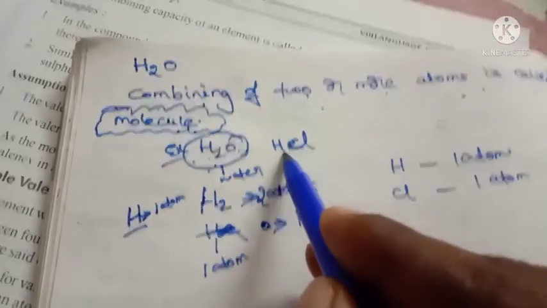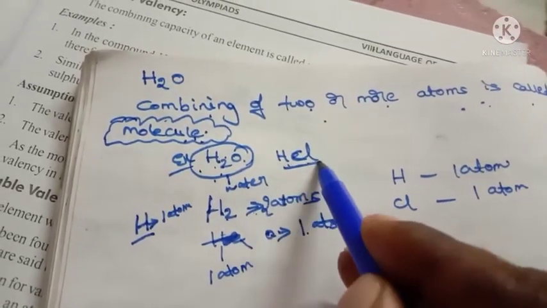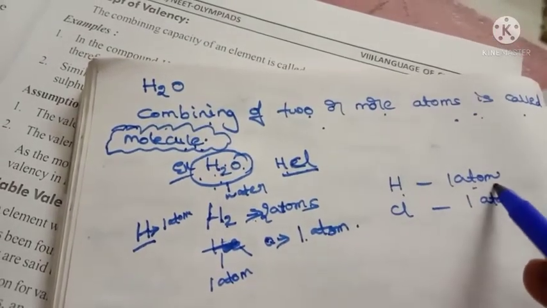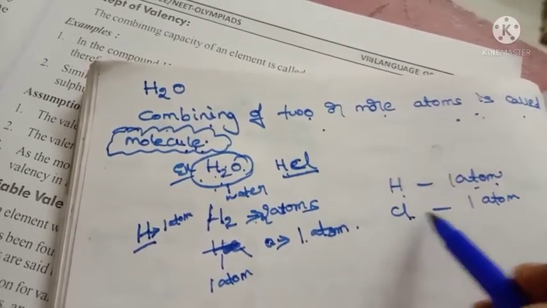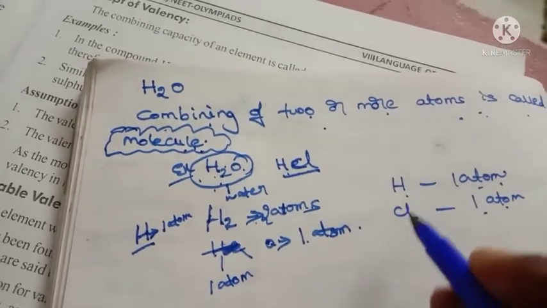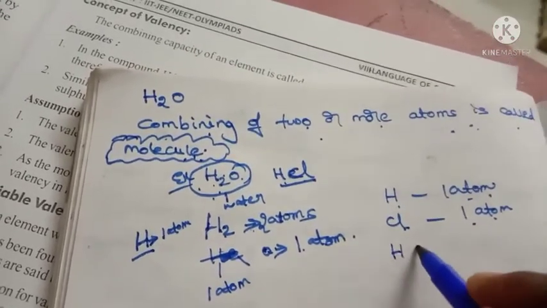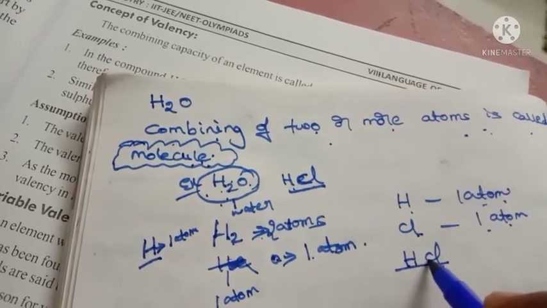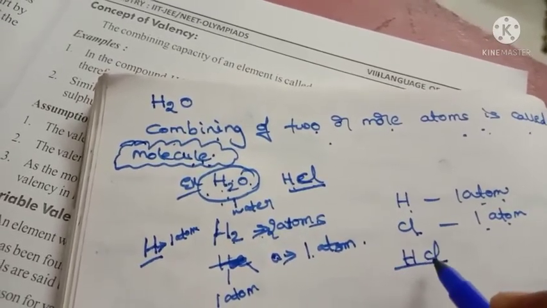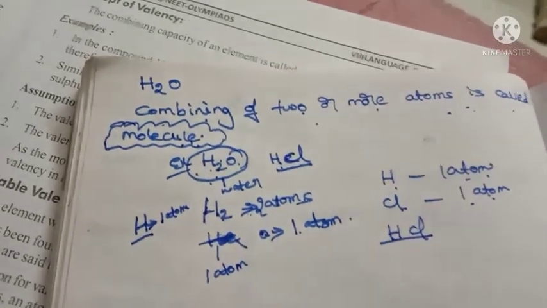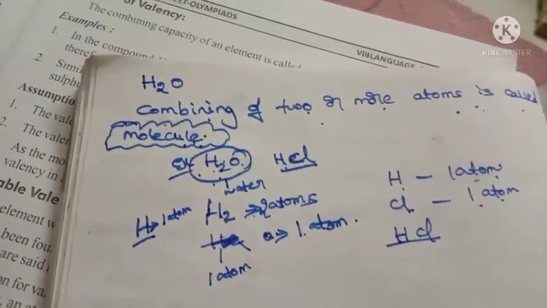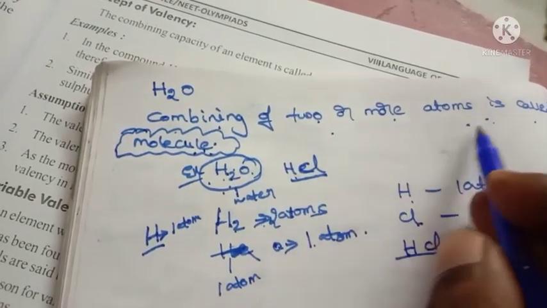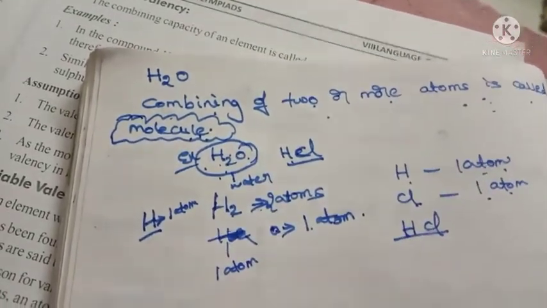Here see HCl. H is representing 1 atom, Cl, chlorine, is representing 1 atom. Combining of these 2 different atoms represents 1 molecule of HCl, hydrochloric acid. What is a molecule? Combining of 2 or more atoms is called a molecule.